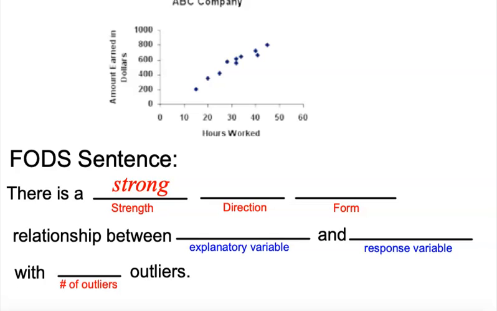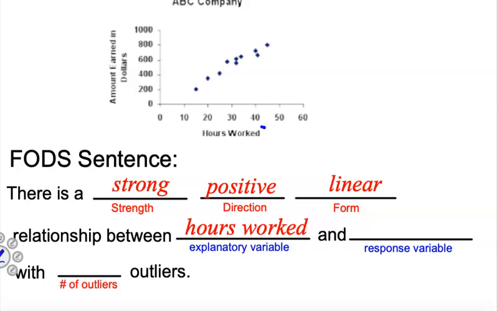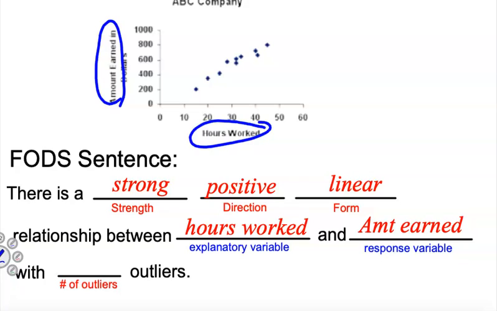So there is a strong positive, because it's going up, linear relationship between the hours worked, which is the explanatory variable, the one down here on the bottom, and the amount earned, which is your response variable, over here on the y-axis, with no or zero outliers.